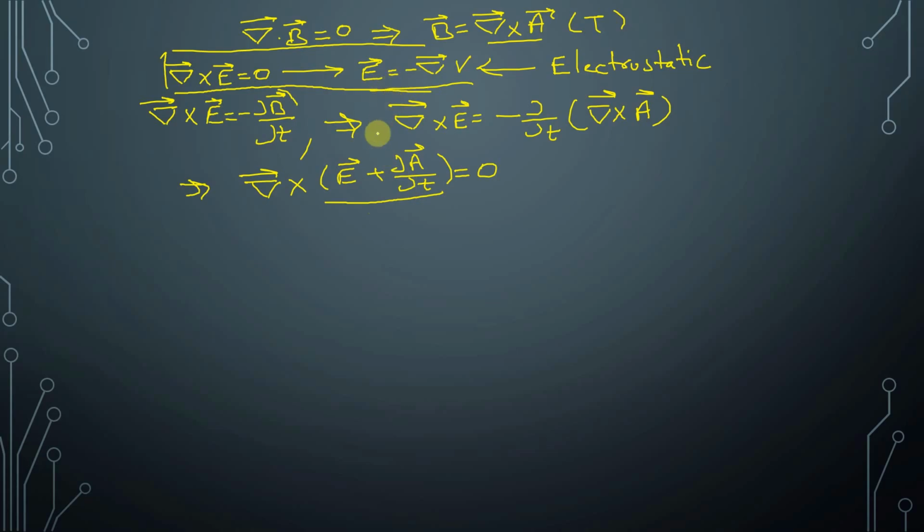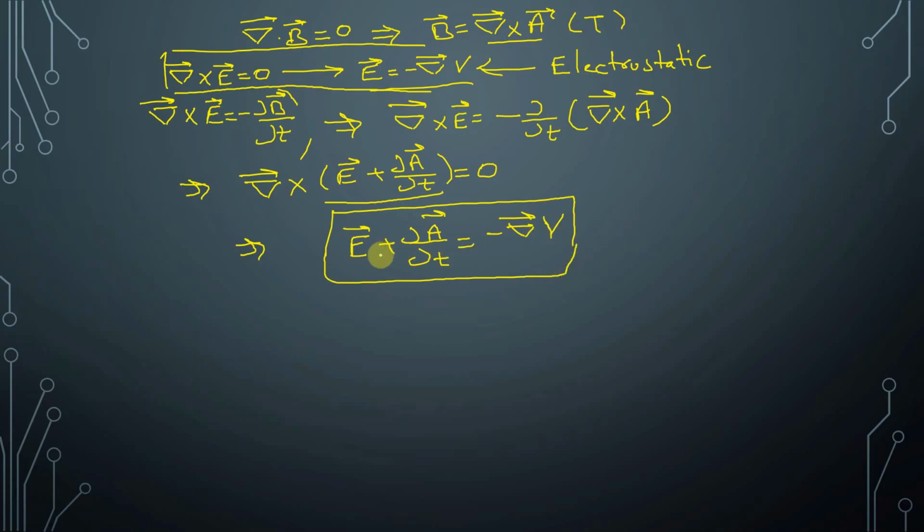It implies that E plus del A by del t is equal to minus del V. This is how electric field intensity, magnetic potential and electric potential are related when we have a time variation. For the electrostatic case, that term will be 0, and we have E equal to minus del V, if del A upon del t is 0.